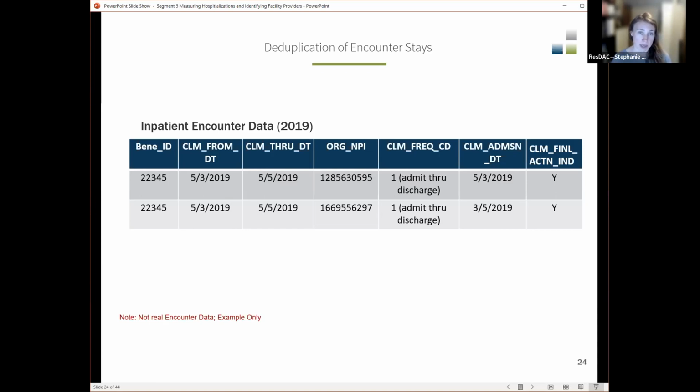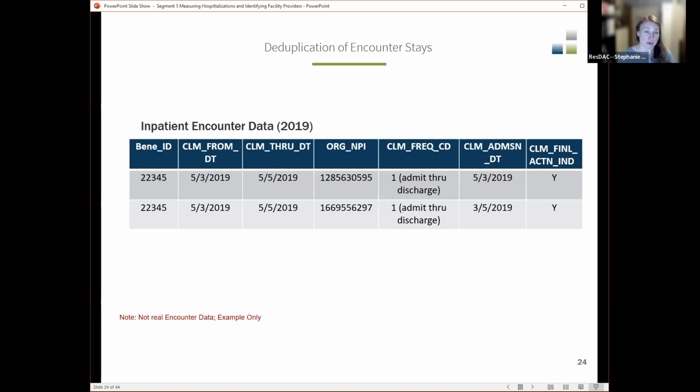That's one prospective payment. They're saying that's considered part of the same problem for that patient. In that case, the claim from date will actually precede the admission date.